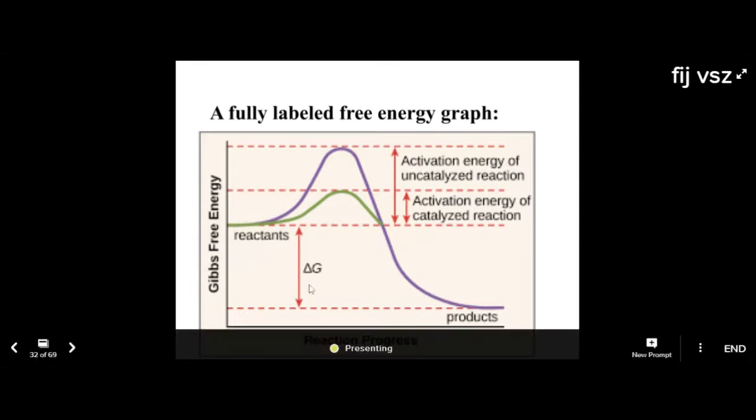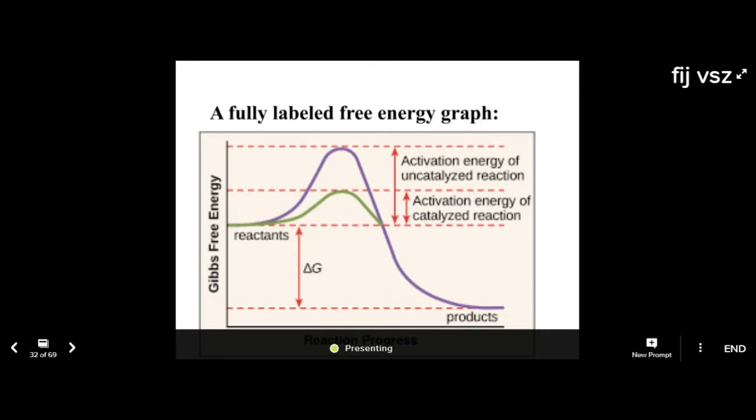So there's your delta G. The larger activation energy is the one that's without, uncatalyzed, which means there's no enzyme present, and means there's more activation energy. It takes a lot more energy to get this reaction started. When you add the enzyme, the activation energy is a lot less.